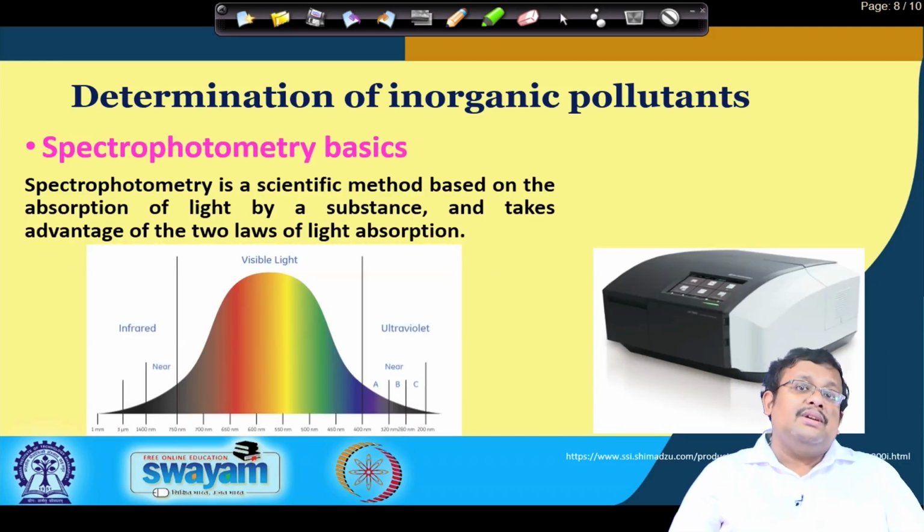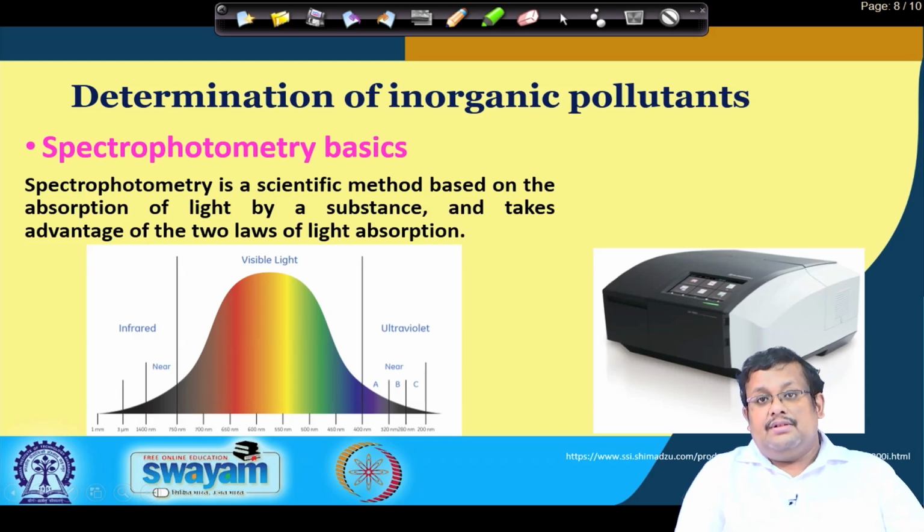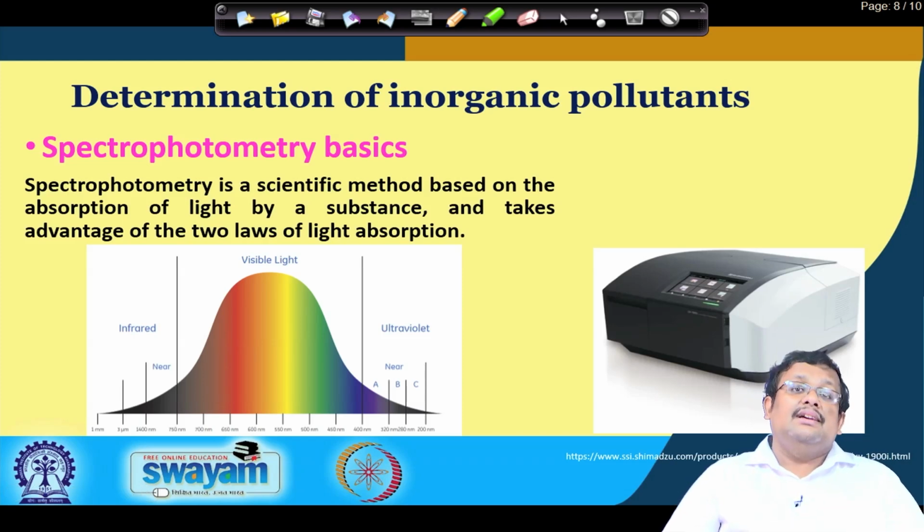Now, spectrophotometry is a scientific method. You can see here a picture of a spectrophotometer. Spectrophotometry is a scientific method based on the absorption of light by a substance and takes advantage of two laws of light absorption, known as Beer's and Lambert's law. We will discuss them.